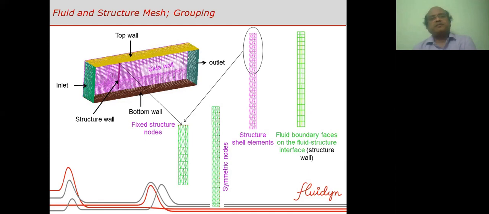I mean, it doesn't transfer the pressure directly. That interaction has to come through the structural movement. And also, you can see that the structural elements are triangular elements, and the fluid elements are hexahedrons.